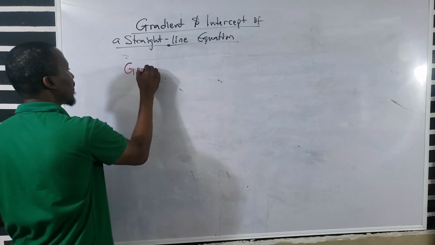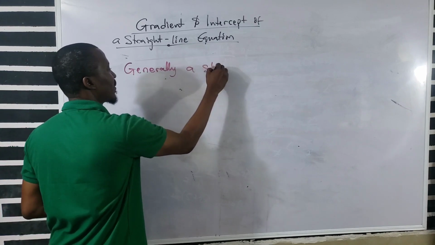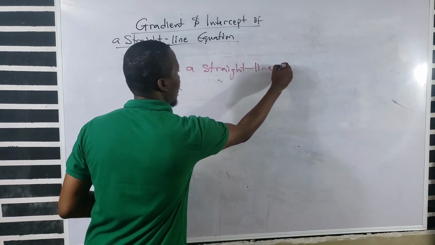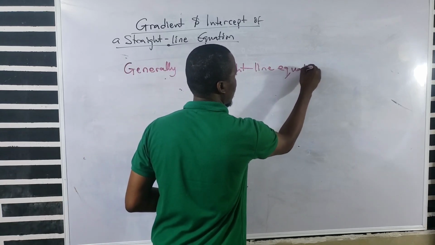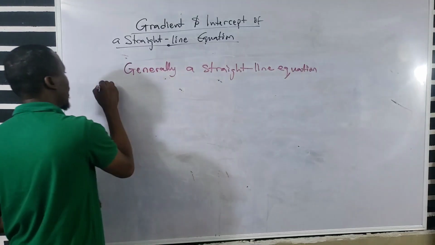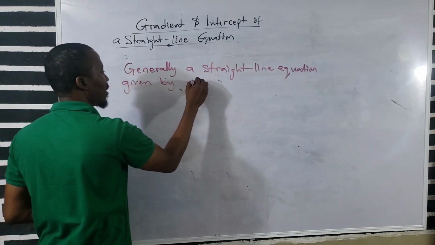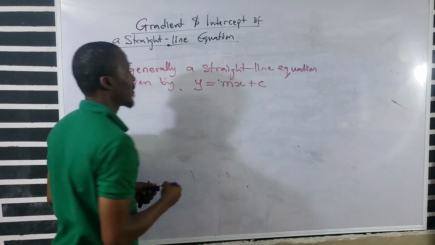Generally, a straight line equation is given by y equals mx plus c.